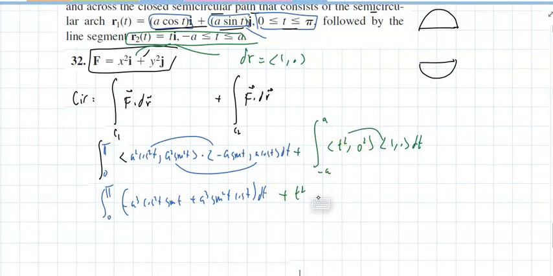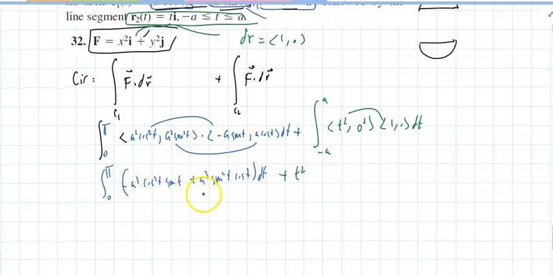And this cleans up just a bit. Let me see what that is. I could factor an a cubed cosine of t sine of t out, and I would have a negative cosine of t. Or actually, I could just leave it like that. And I could let u equal cosine of t, du will be negative the sine of t dt, right there.